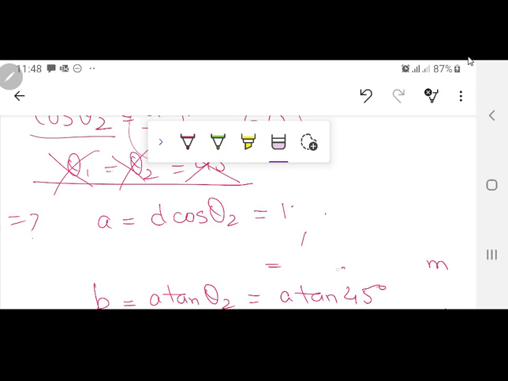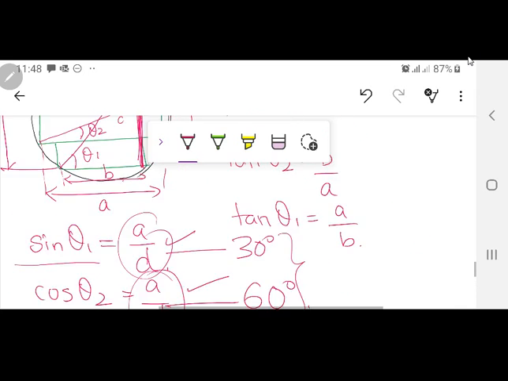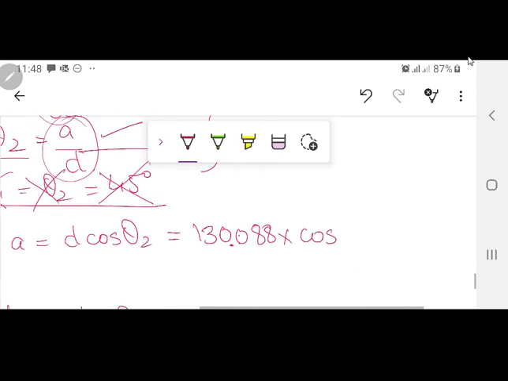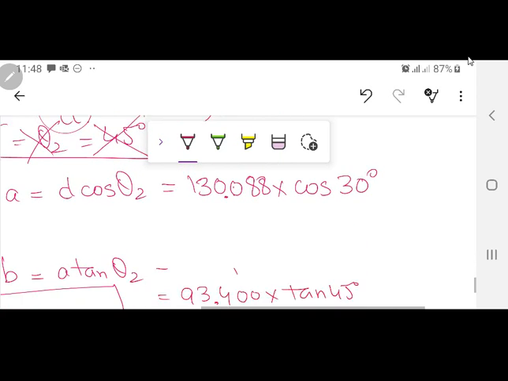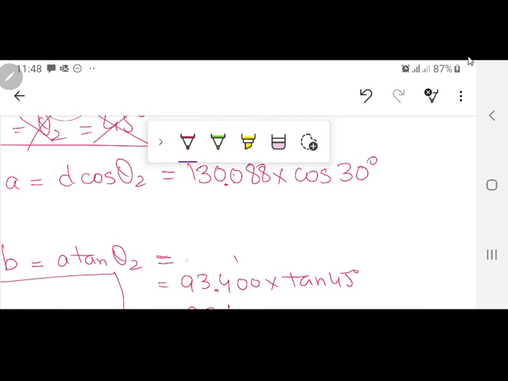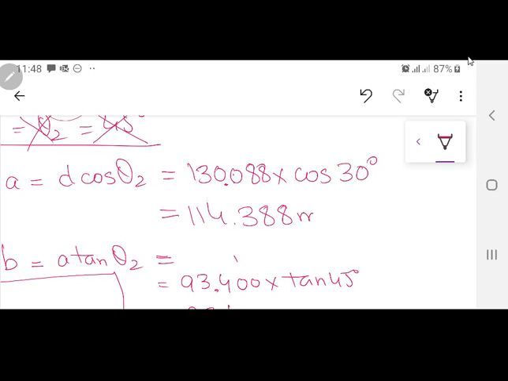Let me remove this one all. D, what is D? 130.088 into what is cos of, let me find it out. Cos of theta 2 is cos of 30 degrees, and here A की वैल्यू क्या आ रही है? 114.388 mm.